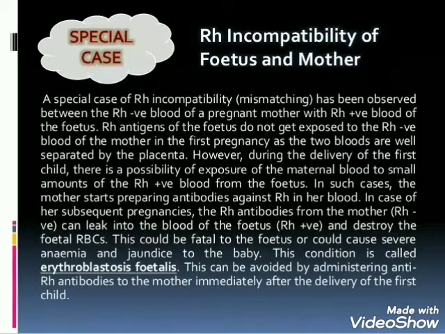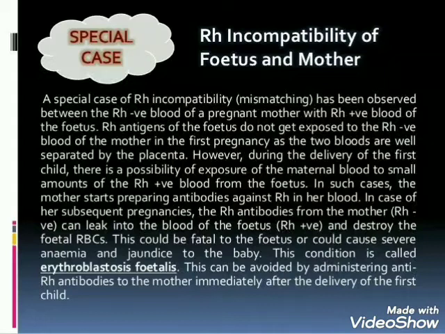However, during the time of delivery of the first child, there is a possibility of exposure of maternal blood to a small amount of the Rh positive blood of the fetus. In such a case, the mother starts preparing antibodies against the Rh antigen in her blood.